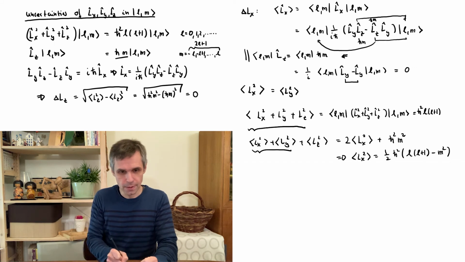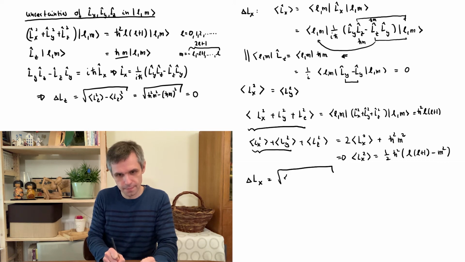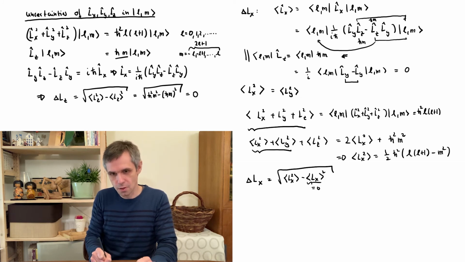So this then can be combined into the uncertainty of Lx. But given that this expectation value here vanishes, this is just the square root of this expectation value here that we have just derived.